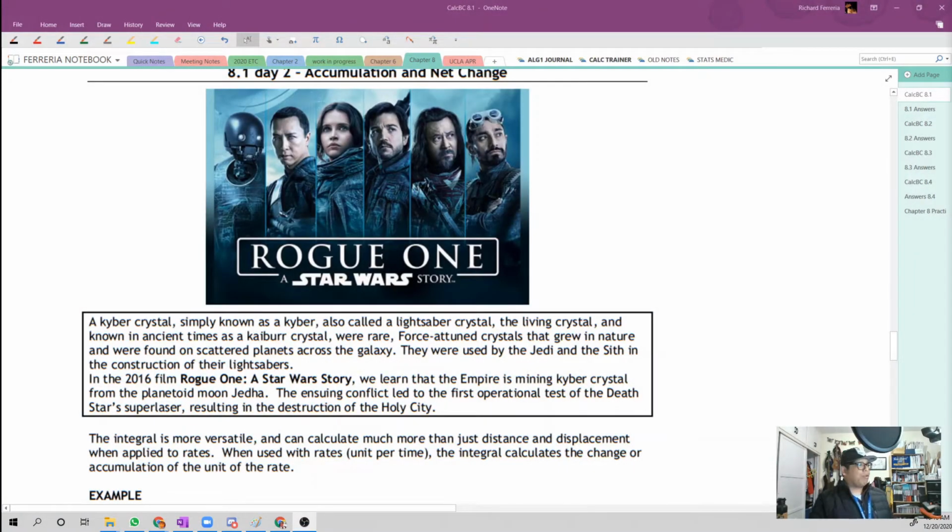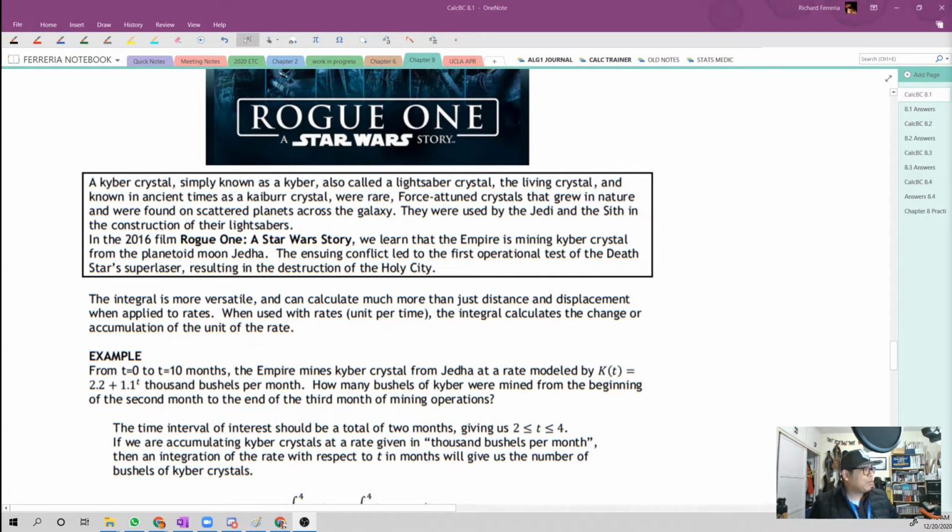We've got a Kyber crystal, simply known as Kyber or a lightsaber crystal. It's a living crystal, known in ancient times as Kyber crystal. They were rare, force-attuned crystals that grew in nature and were found on scattered planets across the galaxy. Important to us, in 2016's Rogue One, we learned that the Empire is mining Kyber crystals from the planetoid moon Jedha.